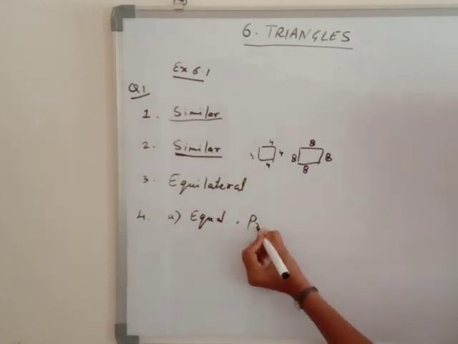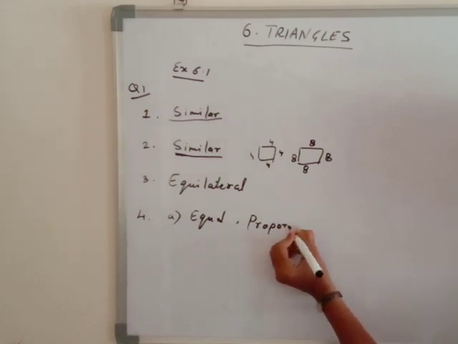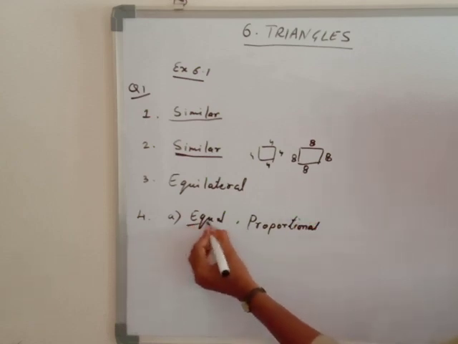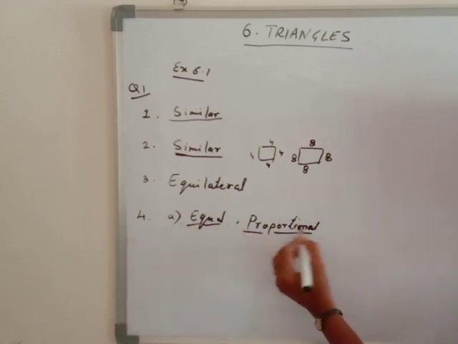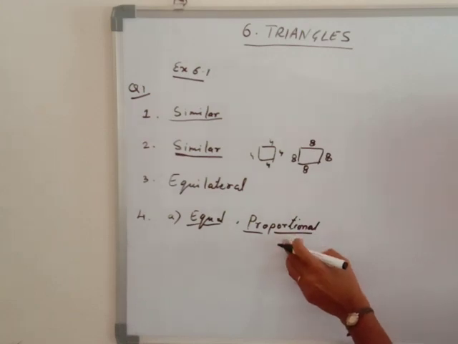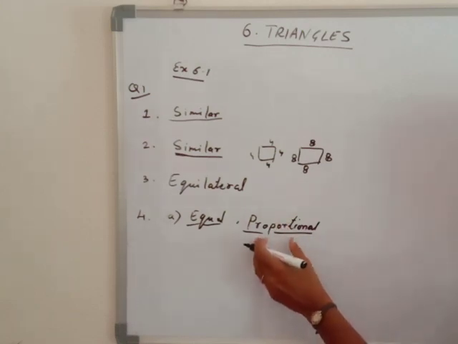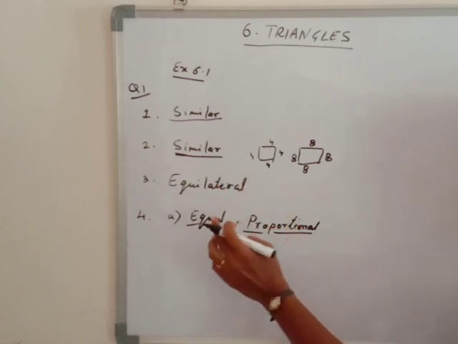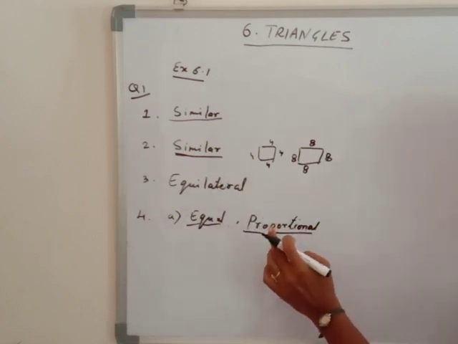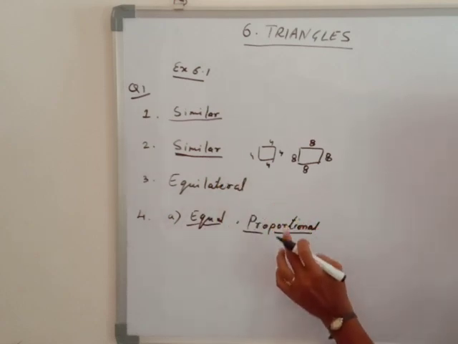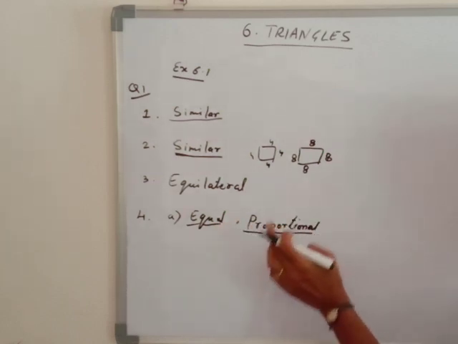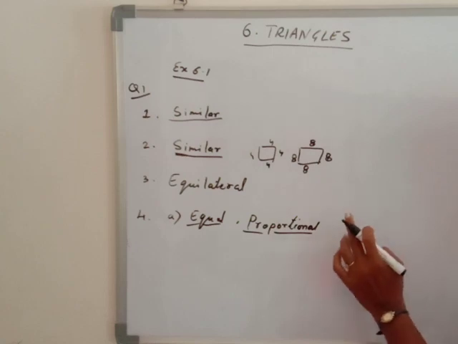So here the answer is proportional. We have to select from the options. So in place of proportional, if ratio is given, then ratio is also the correct answer. So corresponding angles are equal, and corresponding sides are in same proportion. Then we say that the two polygons are similar.